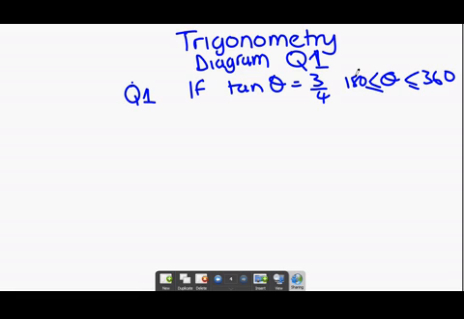Now, when you see this, most of us would want to rush to draw the diagram. And we all know the diagram.